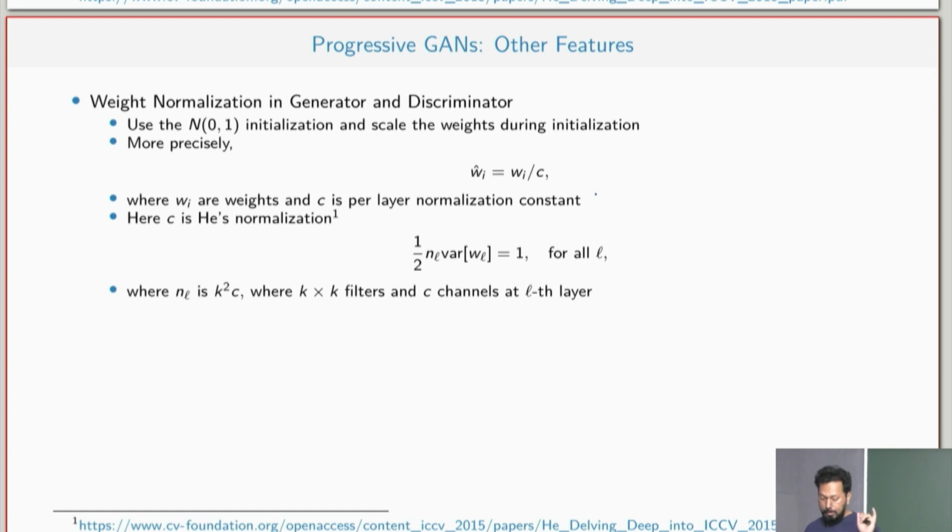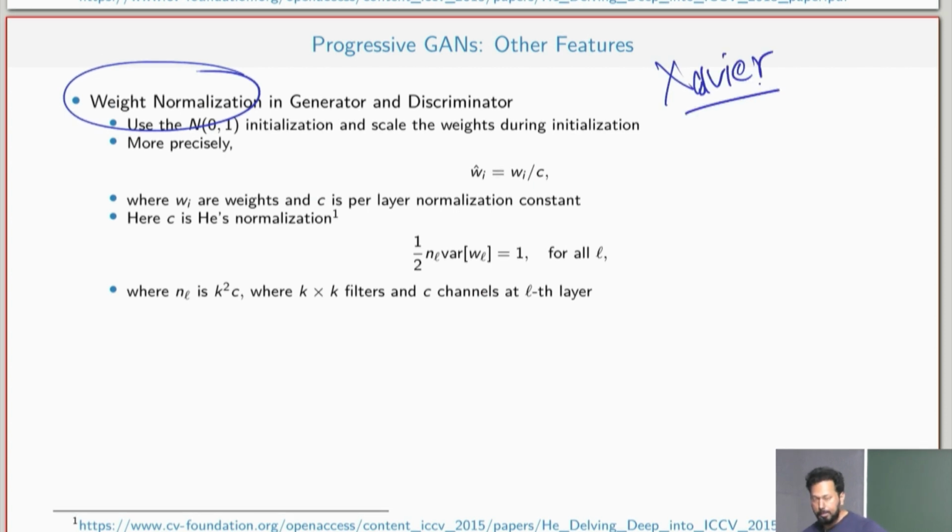Apart from this, the usual initialization tricks that we learned in the previous classes are used here. The first thing is weight normalization, and we have seen Xavier initialization. We could not complete the proof, but at least we know what it was. And later we also saw He initialization, so they are using He initialization here.